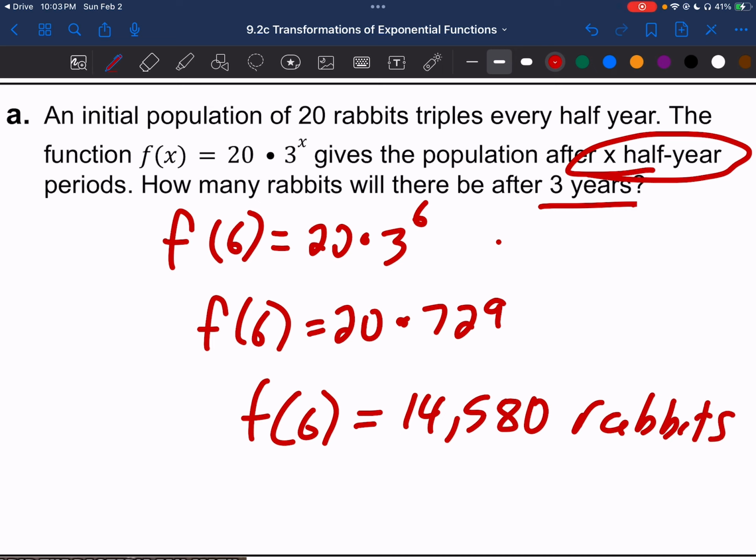So after 3 years, 6 half-year cycles, the population triples 6 times. You had 20 originally, you end up with 14,580 rabbits, which would explain why all of my decorations get eaten every year by rabbits.